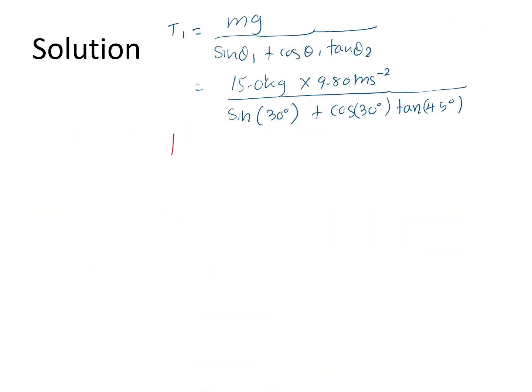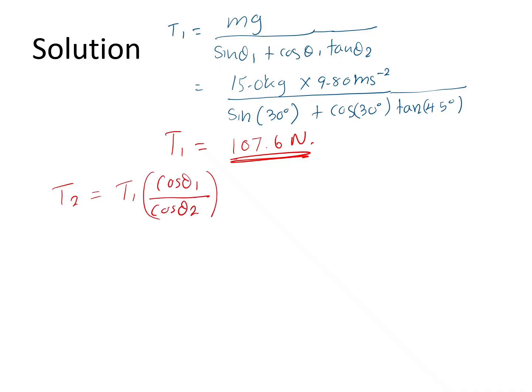So we get T1 equals 107.6 newtons. And then we can use this equation that we found earlier, T2 equals T1 cosine theta 1 divided by cosine theta 2, and substitute the value of T1.